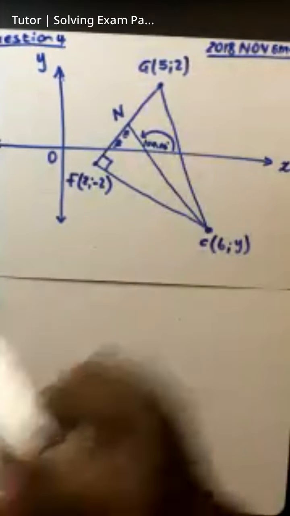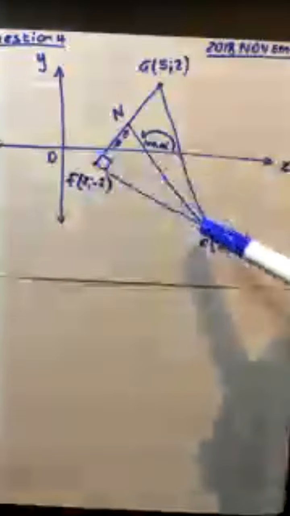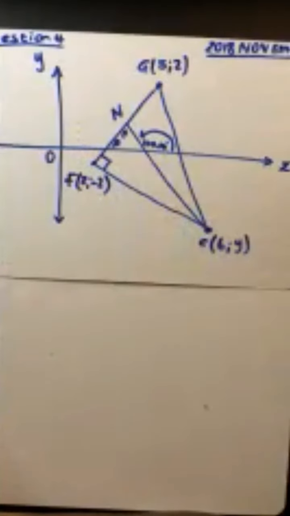FG is perpendicular to FC. Where's FC? There is FC. Where is FG? There is FG. So they're saying these two lines are perpendicular to each other.